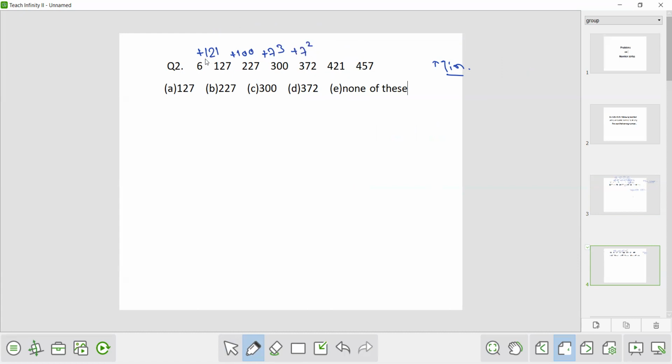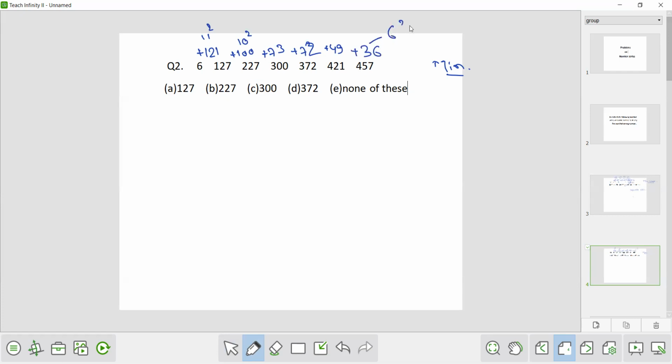Okay, if we say that 121 is 11 square, and 100 is 10 square, it should be 9 square, but this is not 9 square. And 72 is not 8 square. So we will proceed ahead. We will see here that 372 and 421, this is plus 49, and 421 and 457, this is plus 36.